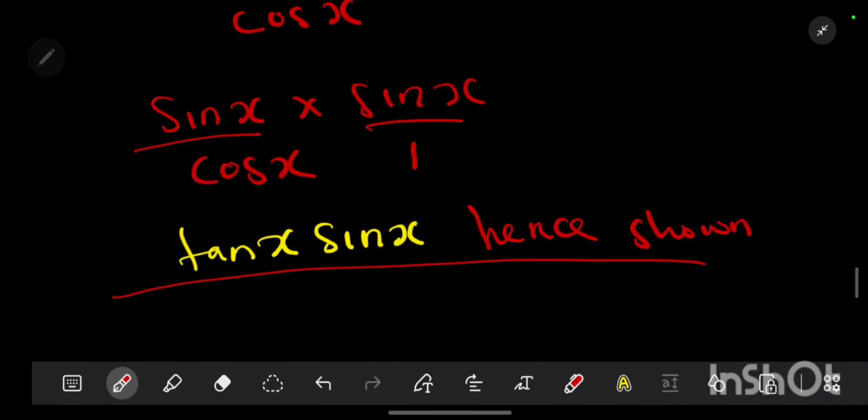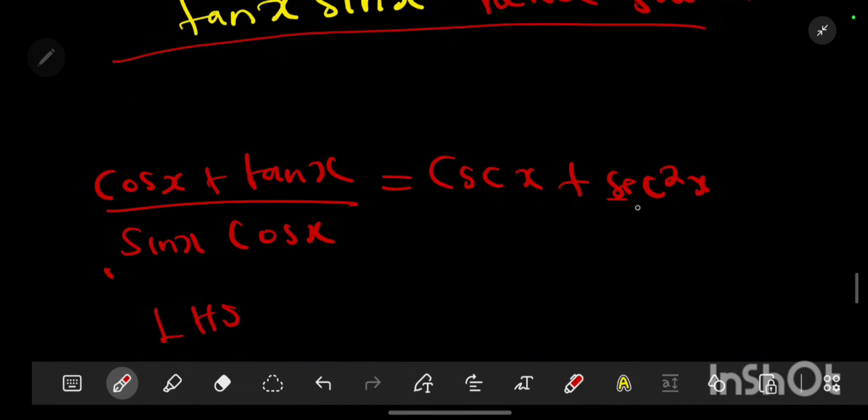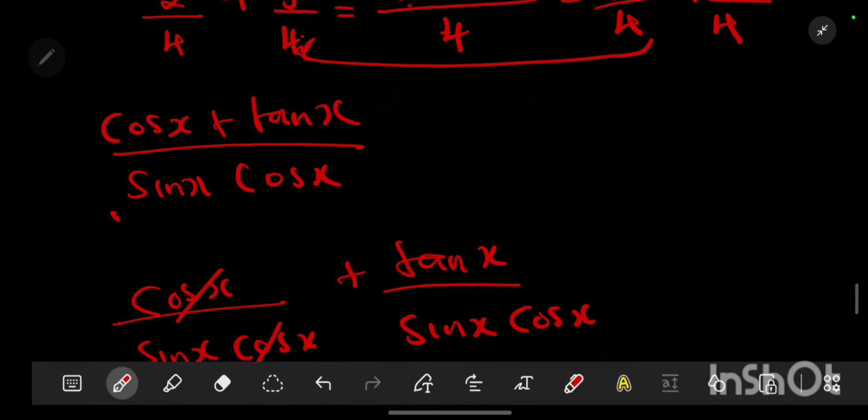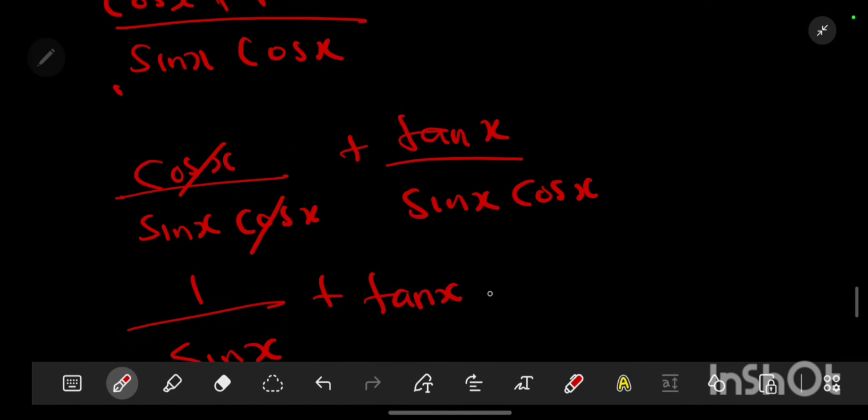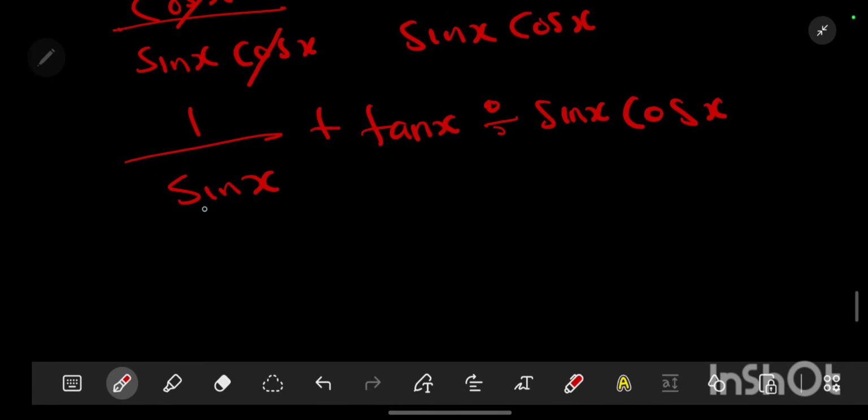What are we required to have? We are required to have the sec. So it means we are going to have tan x like that. Then divide by, that's the meaning of over, sine x cos x. So this gives us 1 over sine x is equal to cosec x.